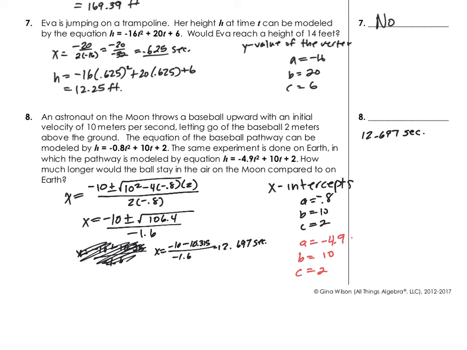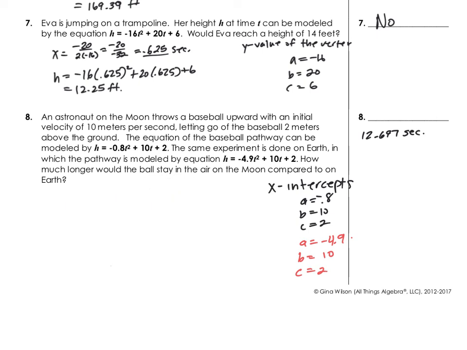And now let me clear out some space to work my other example. Okay, so x equals negative b plus or minus the square root of b squared minus 4 times a times c, all over 2 times a. Okay, so simplify the discriminant first.